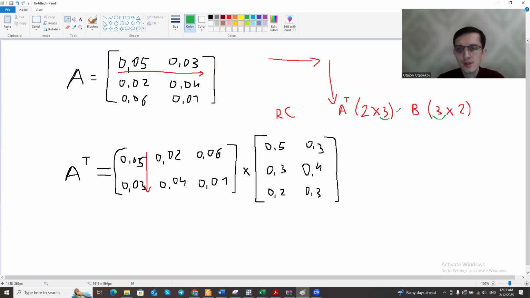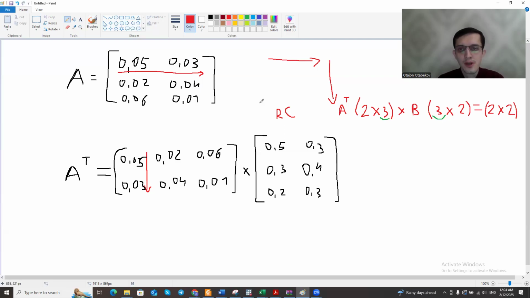And these 3s are equal to each other, which allows us to multiply them. If they are not equal to each other, it's impossible to multiply them. And what would be the resulting matrix size? We take these outer numbers, 2 and 2. The resulting matrix size would be a 2 by 2 matrix. Okay.